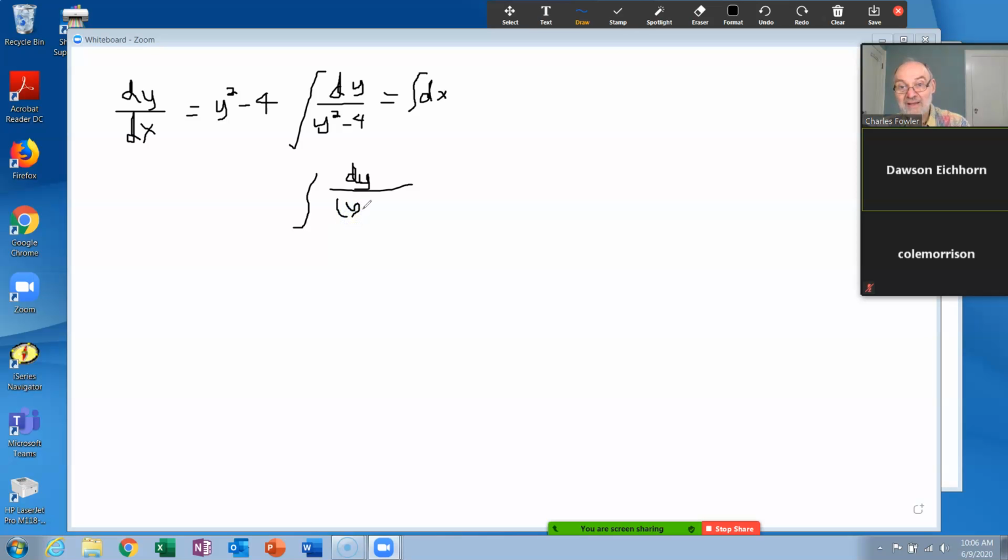Okay, y plus 2 times y minus 2, say yes. Is that what you meant by separating them? Yeah. Okay, how would you proceed from here?